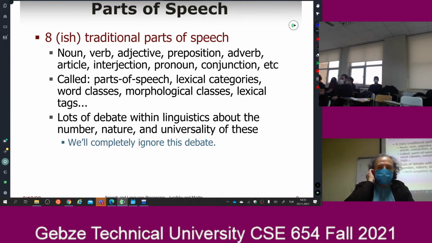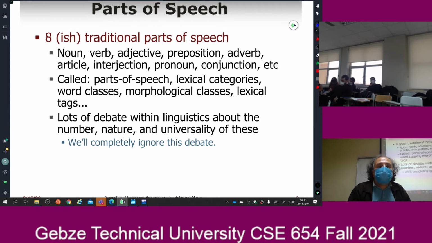So we have many of them, but some of them are in English. And it doesn't matter what kind of part of speech tags we have for English or Turkish. The linguistic experts cannot agree on the number of tags for English anyway. Some of them say we have more than 100, some say 50 is enough.